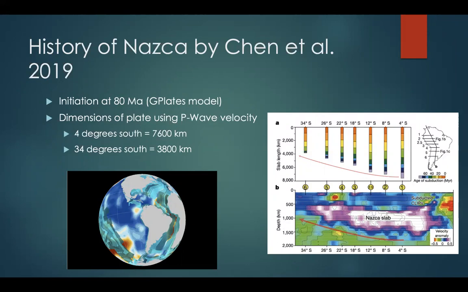At the northernmost point at 4 degrees south, the plate was 7,600 kilometers long. And at the southernmost point at 36 degrees south, it was 3,800 kilometers long. The model of this plate and its dimensions can be seen in the figure on the right.